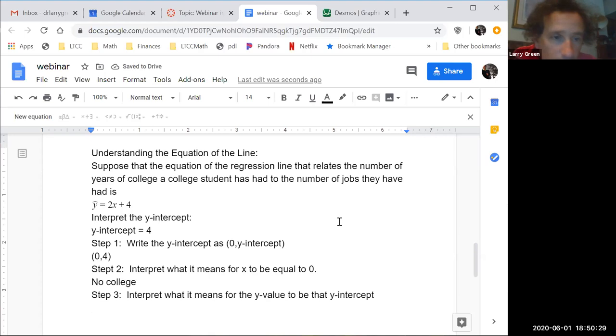Okay, so our y value here is 4. What does it mean for y to be equal to 4? Yeah, they've had 4 jobs. So in this case, the person had 4 jobs.